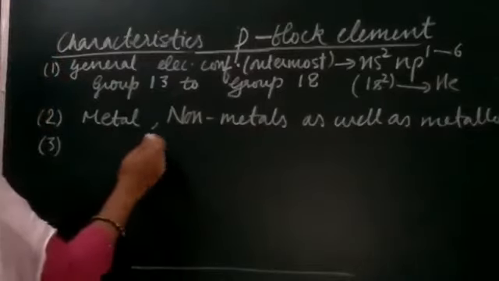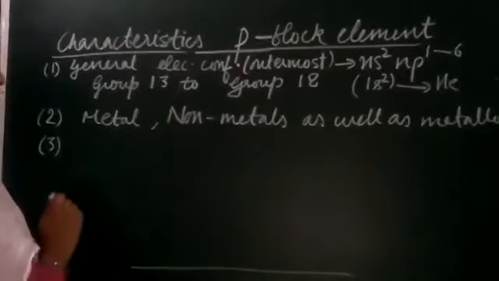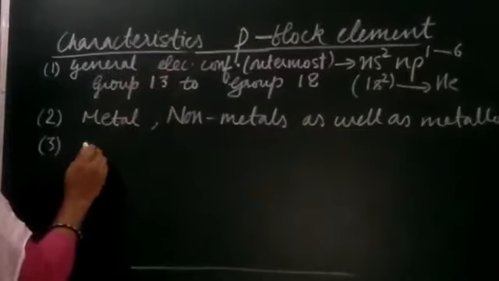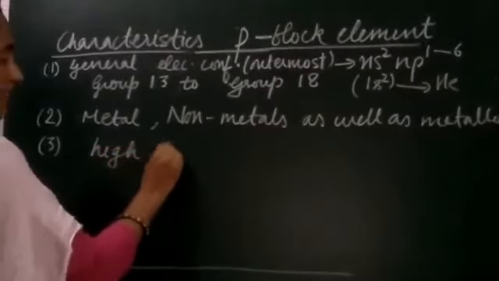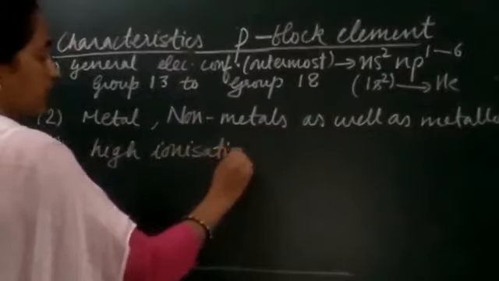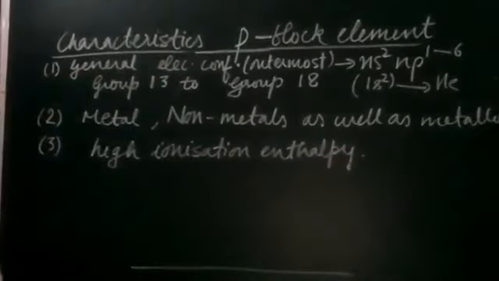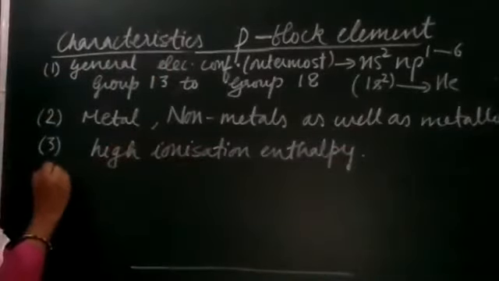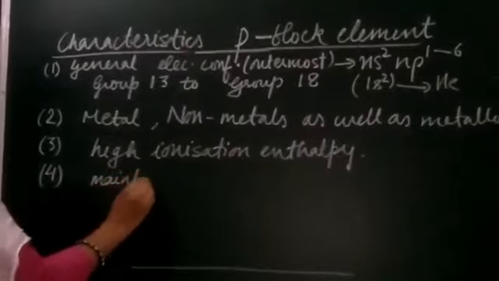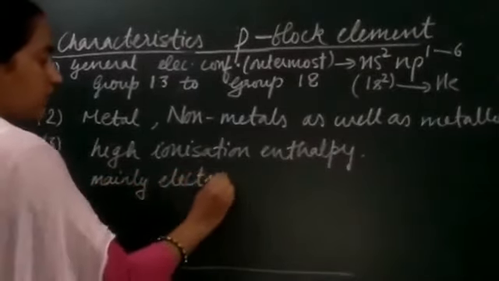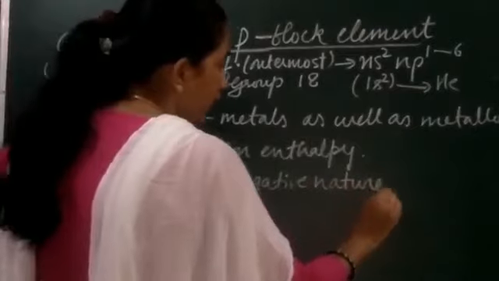And they are, we can say, electronegative elements. So p block elements have high ionization enthalpy, and fourth is mainly electronegative nature.